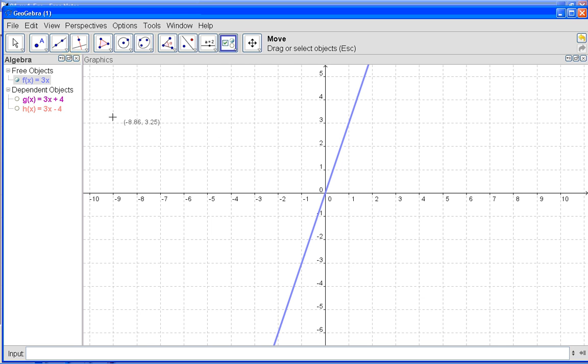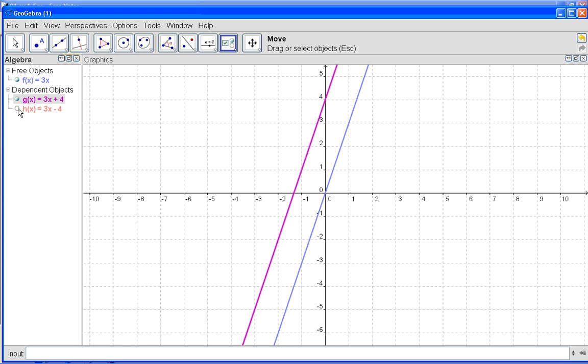Or we put c equal to 4. Now this blue line is translated 4 units upward. So this is our y-intercept, (0, 4). It has the same gradient as the blue line, 3.